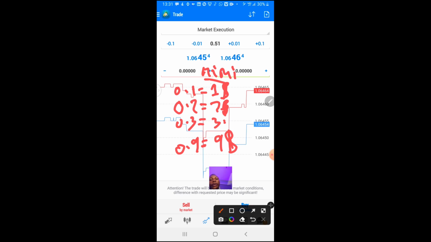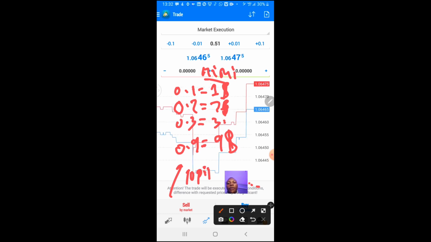So go to your book where you are writing your forex notes, and make sure to bring out these standards, from micro, mini and standard lot sizing. It means that if the market went up or went down, let me say 10 pips, went up again 10 pips, with a lot size of 0.1 we are going to be having $10.